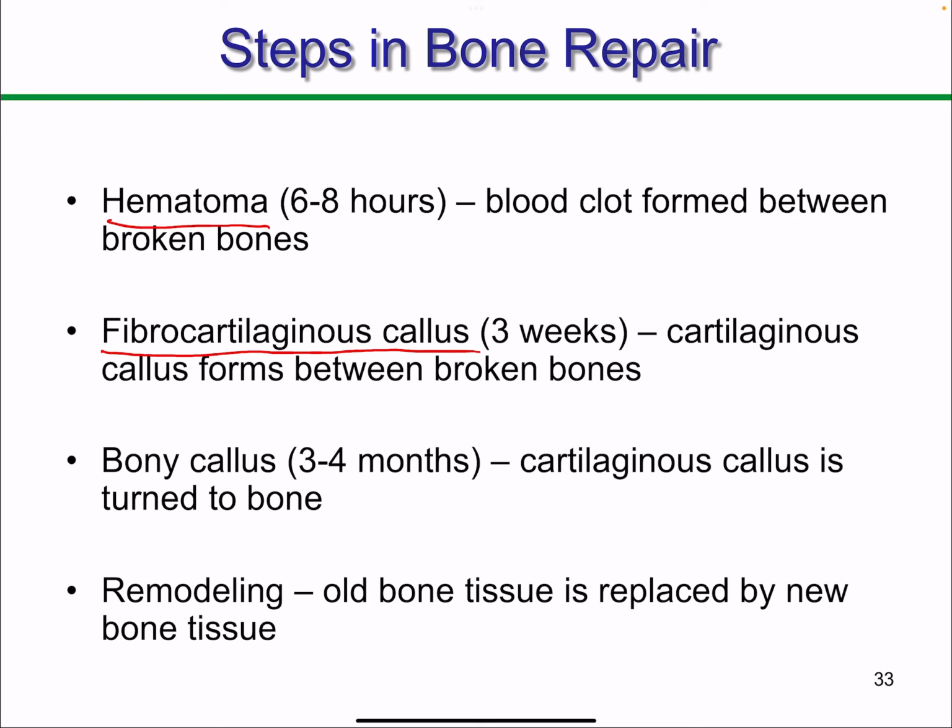Now, the fibrocartilaginous callus is going to last about 3 weeks. This is going to be progressively replaced by the bony callus. That bony callus is actually when the cartilaginous callus is going to be replaced by the bone, right? Now, this lasts about 3 to 4 months, but really it can last longer.